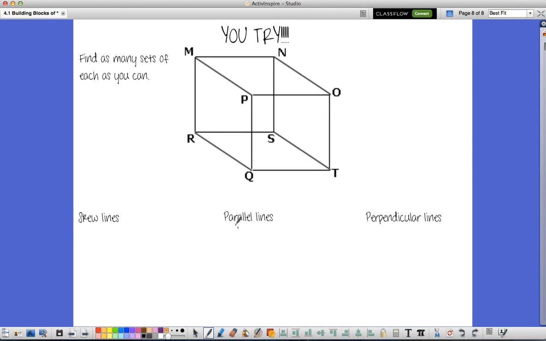Do the same for parallel lines and perpendicular lines, practicing using our symbols so that we have a little bit more room. For this, I need you to find as many as you can, trust your instincts, and do your best. You don't have to find them all, but at least find 2 sets. So MR and NO would be one set. You need to find another set of skew lines.